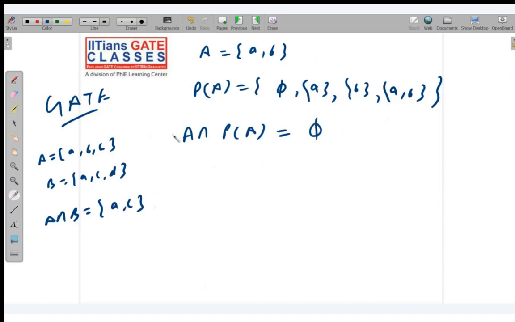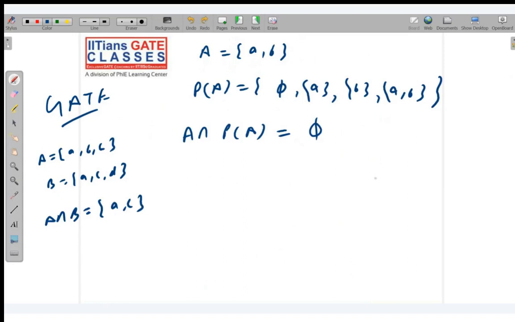See, phi is not here. {a} within brackets, so this is not there. {b} within brackets, no. {a, b} within brackets, no. Many students get confused here. Sir, {a} within bracket here and a within bracket here itself? No. This a within bracket is an element of this. If you want to make this common, then you have to write the bracket here. Then you can say {a, b} is common, but it is not common here.